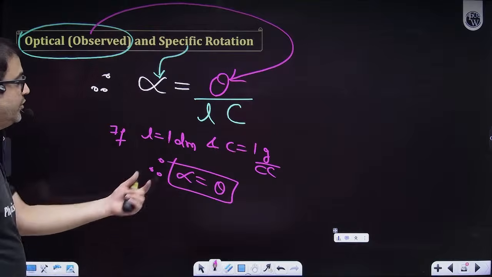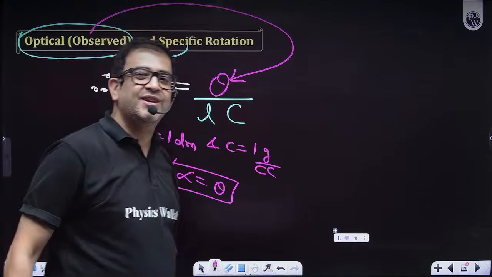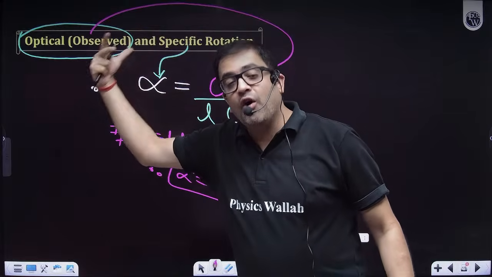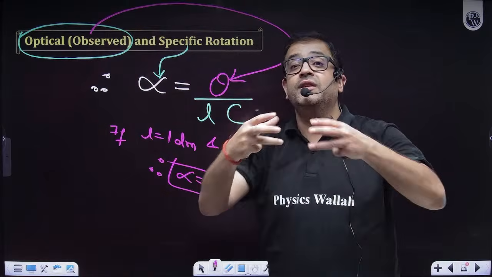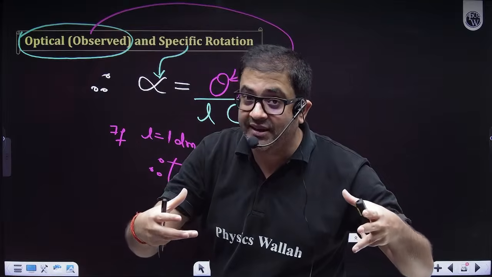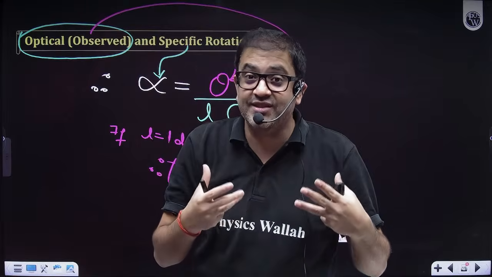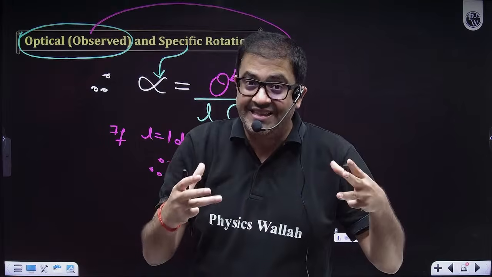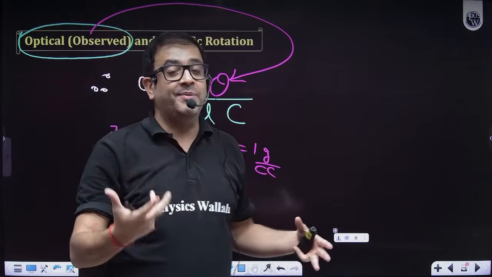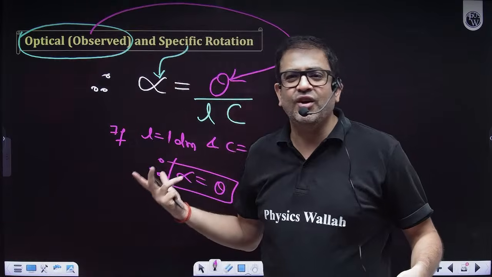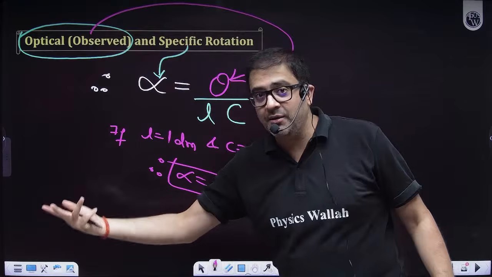So specific rotation is the observed rotation of a compound if the length of the polarimeter cylinder in which the optically active solution is taken is 1 decimeter and the concentration of the optically active solution is 1 gram per cc. So that's just a theoretical idea regarding the experimental polarimeter.